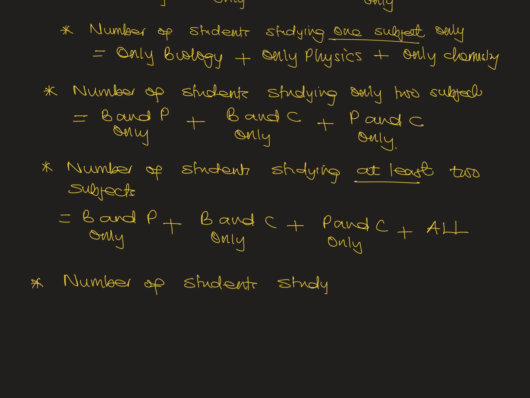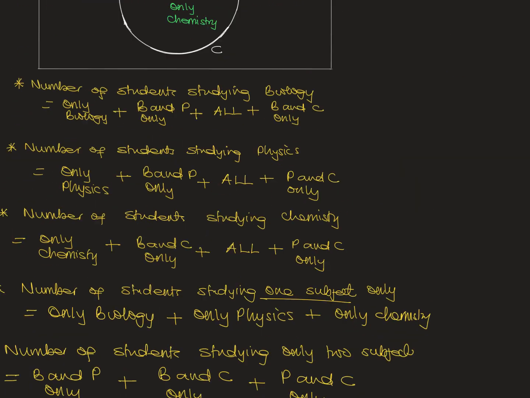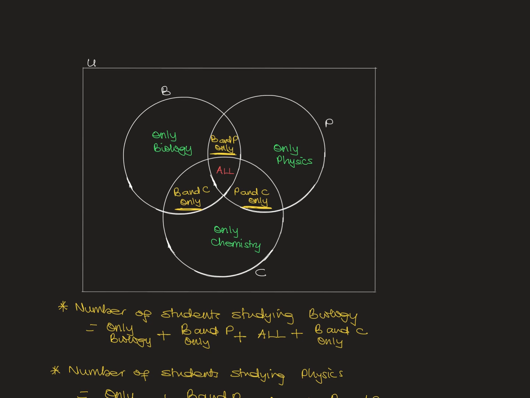But what of number of students studying at most two subjects? We've said that at most means that number as the maximum and below. So that has to be two subjects and below that. So below that will be those studying only one subject, right? So if at all I say at most two subjects will be those studying biology and chemistry only, plus those studying biology and physics only, plus those studying physics and chemistry only, plus those studying individual subjects, right?